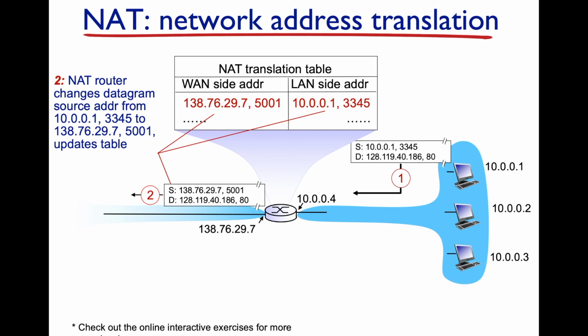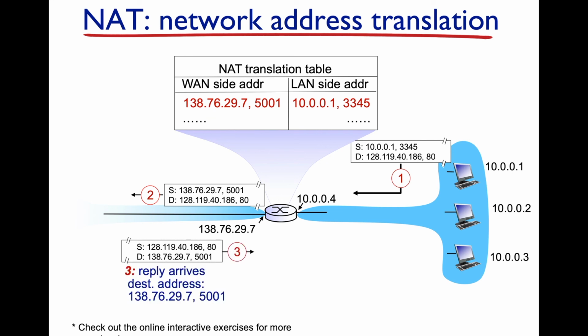Everyone on the internet that gets this, namely the web server listening on port 80 at IP address 128.119.40.186, thinks that this router originated this request message. So when it responds back to 138.76.29.7, port number 5001, of course, when this arrives, it goes into this NAT, and it says, oh, wait a minute, the destination is 138.76.29.7 and port number 5001.